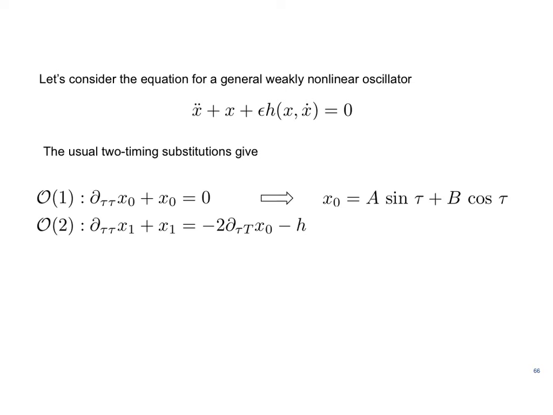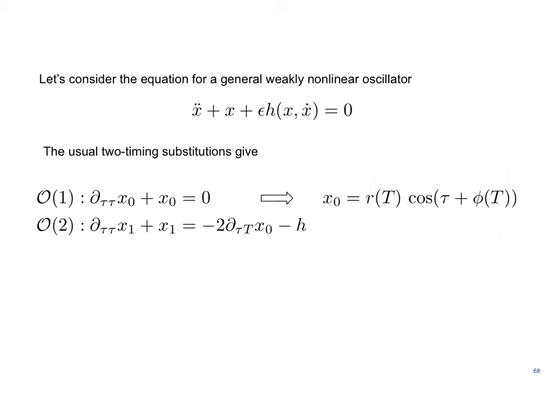But in order to make things more systematic, as I will show you in these slides, we will consider another way of expressing this solution, which is in polar coordinates.